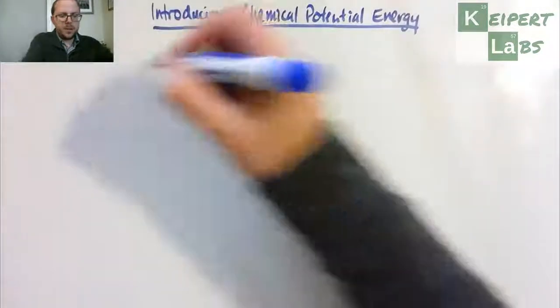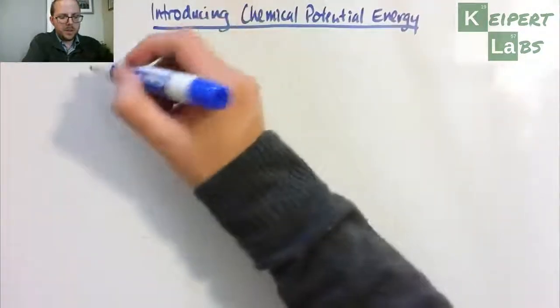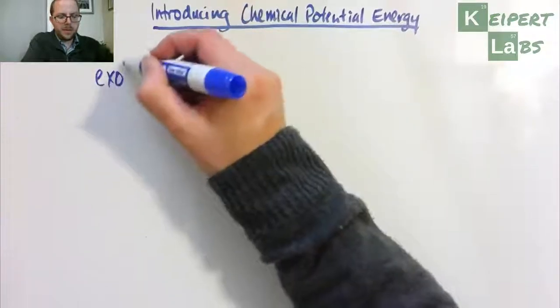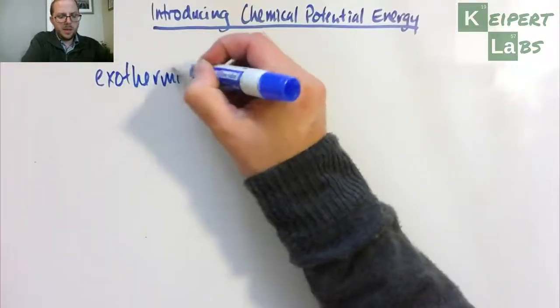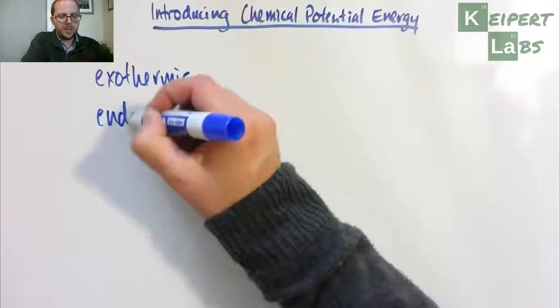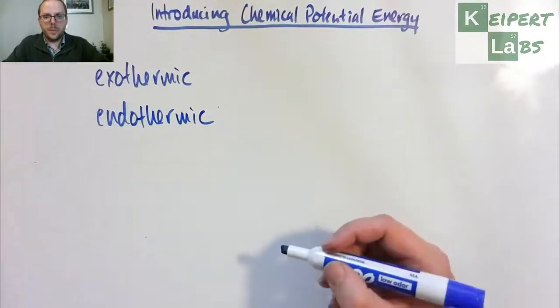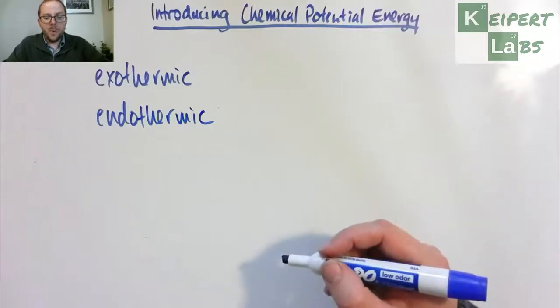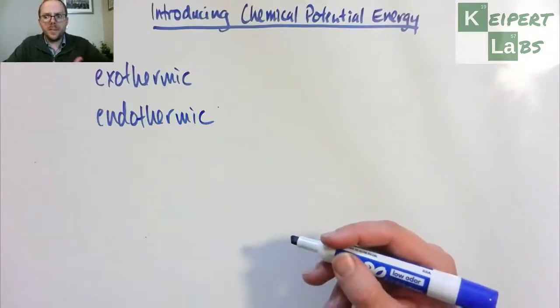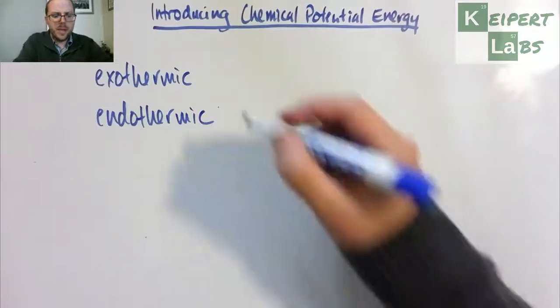Okay, so we've talked about in the past, probably last year, this idea that chemical reactions can be either exothermic or endothermic, in terms of what you need to do or what happens to the energy during that process.